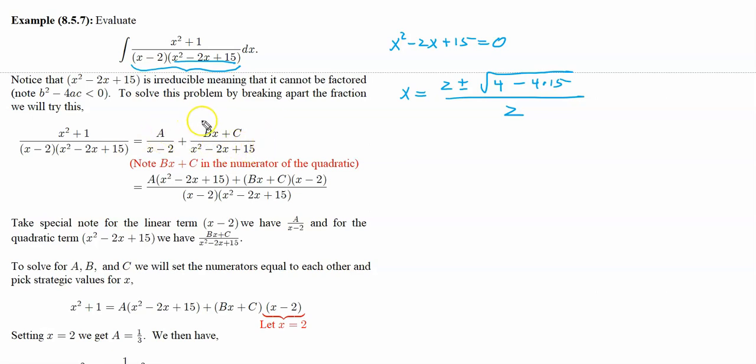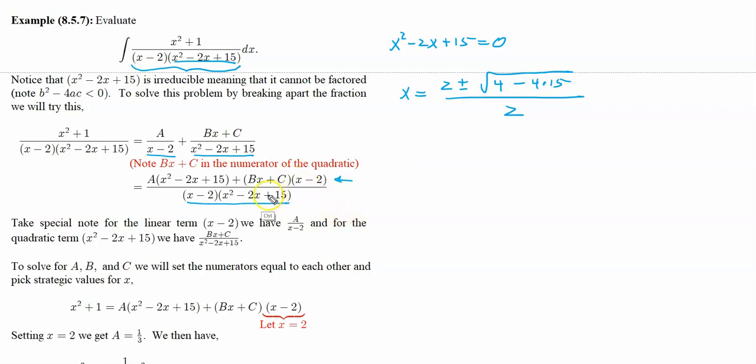Now, to solve for the a, the b, and the c, what you have to do is simplify this by adding, and that's what we have right here. So, we just do cross multiplication or finding a common denominator. A times this term plus bx plus c times the x minus 2, that's what we have right here in the numerator, divided by x minus 2 times x squared minus 2x plus 15 right here.